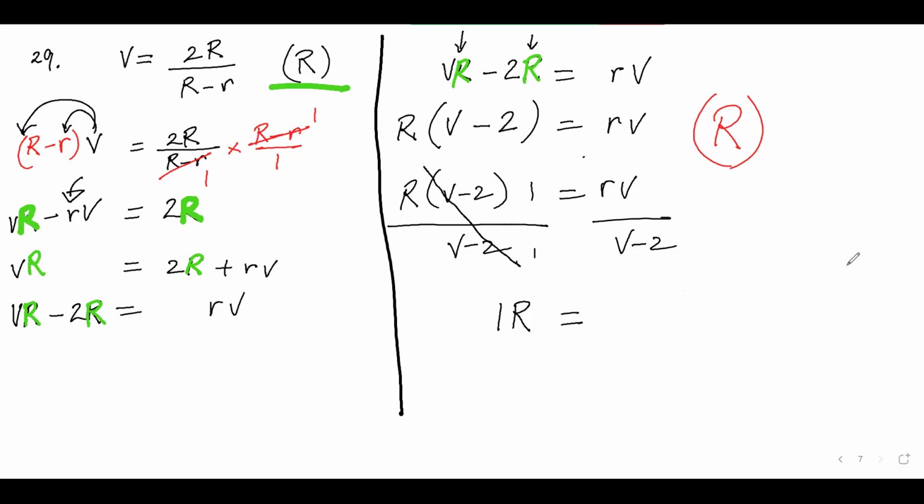The 1 is understood, people. So R is equal to RV over V minus 2. And that's the answer, people.